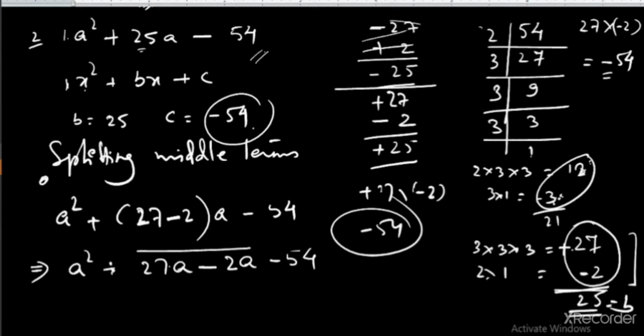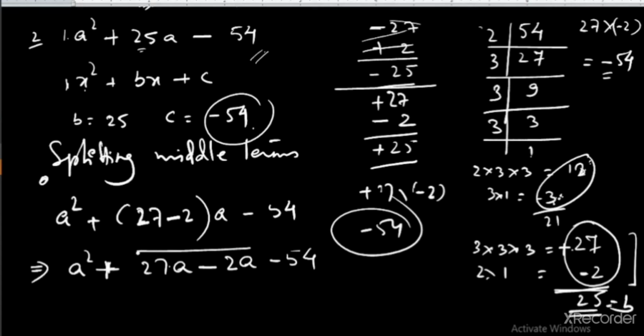Okay, understood? And remember one thing, that whenever you are using splitting terms, or whenever you are trying to factorize such type of expression, please put the bar bracket in the first expression. Wherever I am showing you bar bracket, you have to put it, so that you will have less confusion with the plus and minus sign.